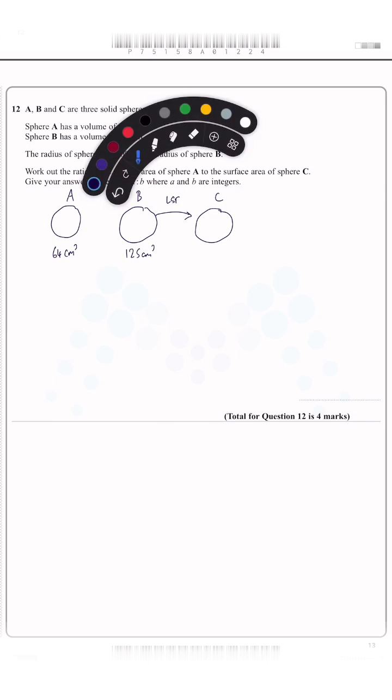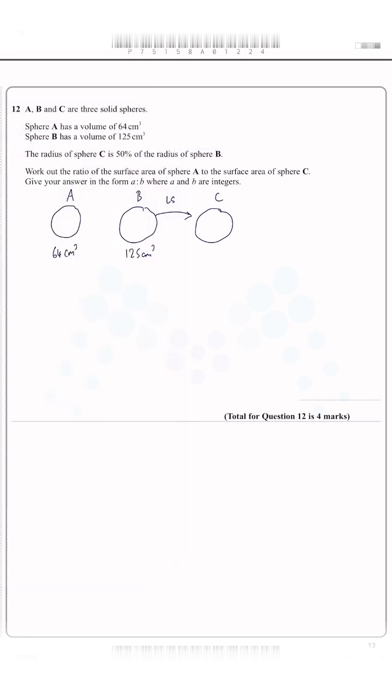Well, if I actually go the other way, if I go this way now, that tells me the length scale factor between them two is 2, because B is actually bigger than C. So the question is saying to me, work out the ratio of the surface area of A to the surface area of C. Now, if I compare just A and B, I have myself a volume scale factor, and that's going to be 125 divided by 64.